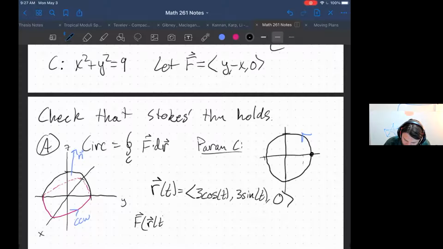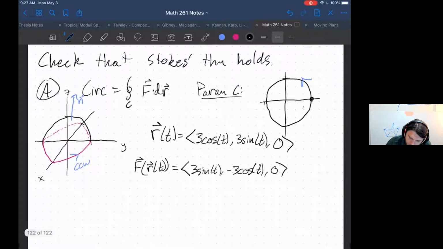Now we need to write out our vector field in terms of this parameterization. So we have positive 3 sine, comma negative 3 cosine, 0. Then we need dr dt.